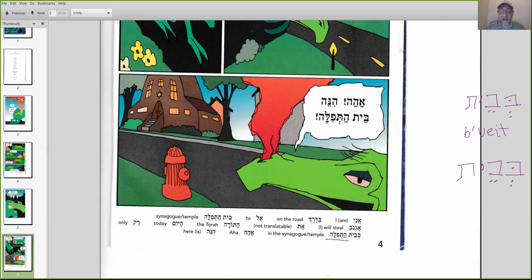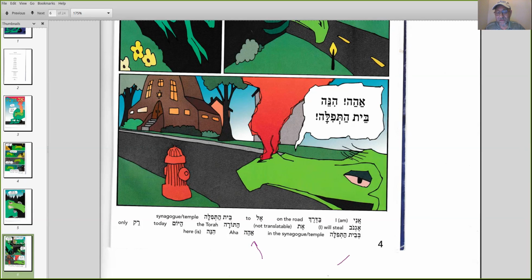All right, so now let's go down to this one here. And believe it or not, this is not a real Hebrew word. It's an expression that would be the same in English if you were to say aha, as if you were just discovering something. Aha, that's really what that is. Okay, aha.